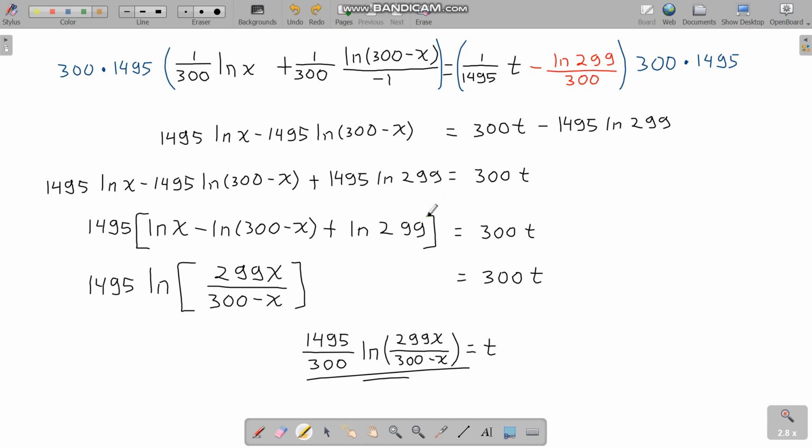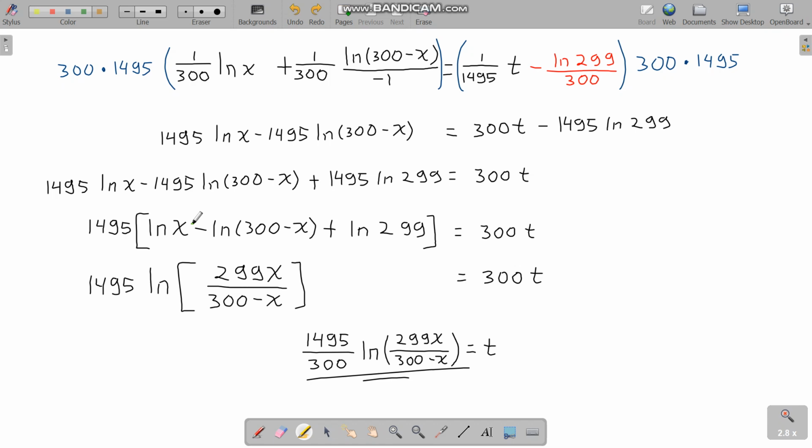Now we simplify. We can factorize 1495, so we still have ln x minus ln plus ln, and now we can combine the ln: subtraction becomes division, addition becomes multiplication.